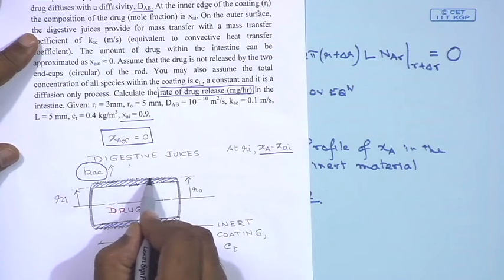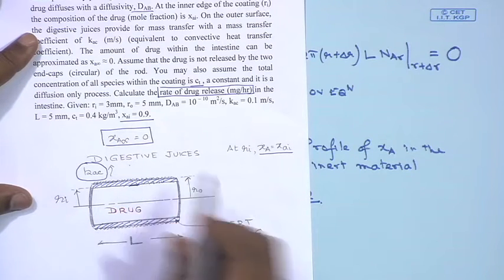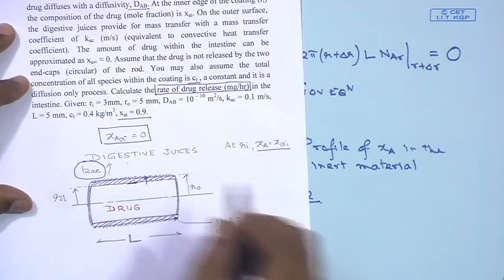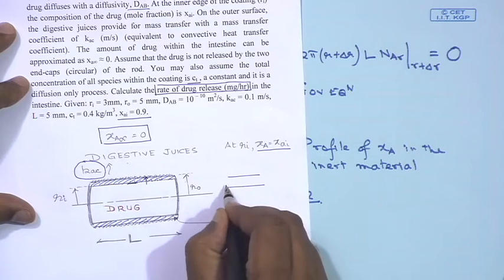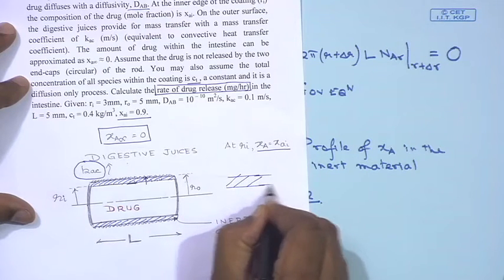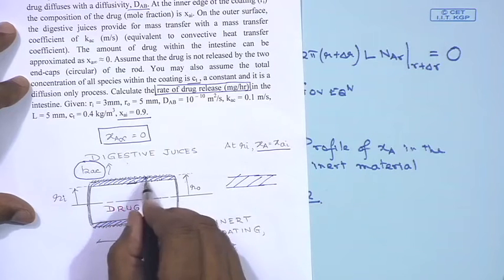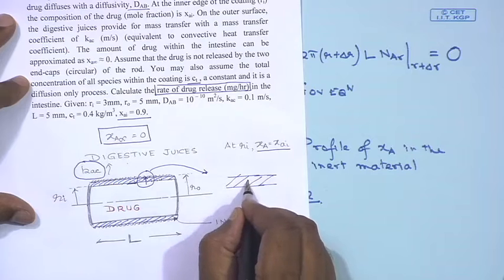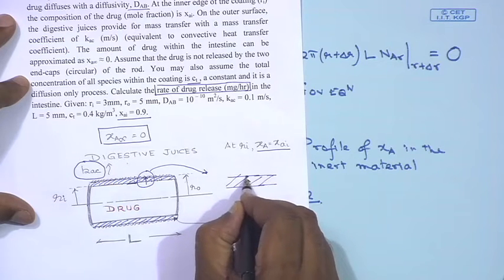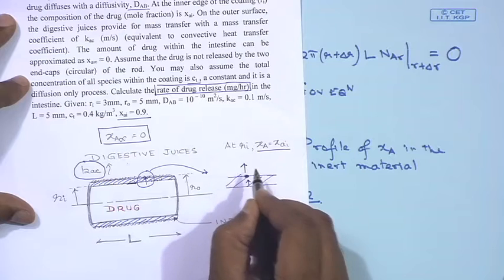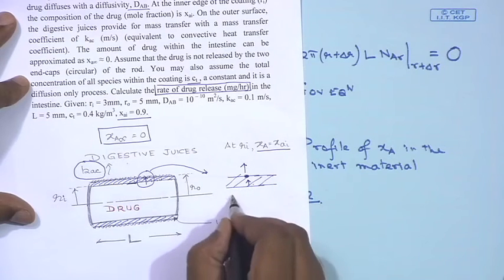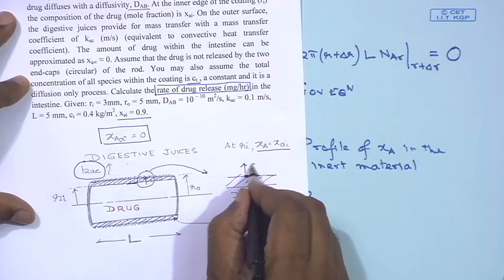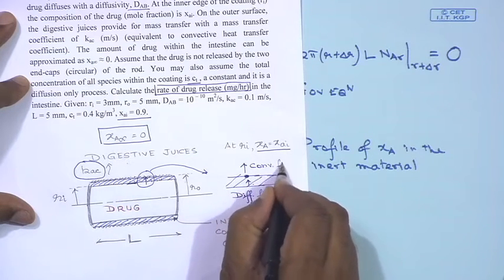If I take an enlarged view of this region, the diffusive flux which is reaching this point must be equal to the convective flux.